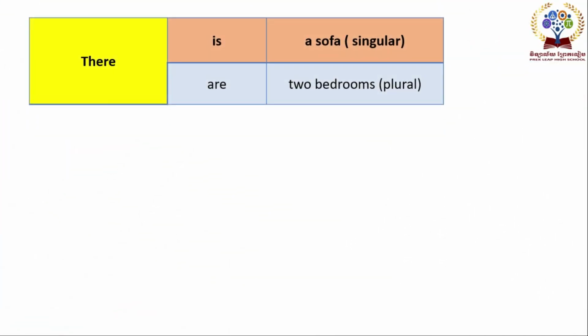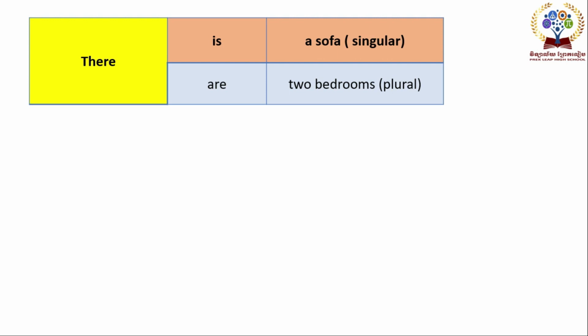So now let's just look at the form of there is and there are. Actually, you know, there are three particular forms for every tense: affirmative or positive, negative, and question. As you know, there is used with singular count and uncount nouns. Let's look at an example of the positive form.